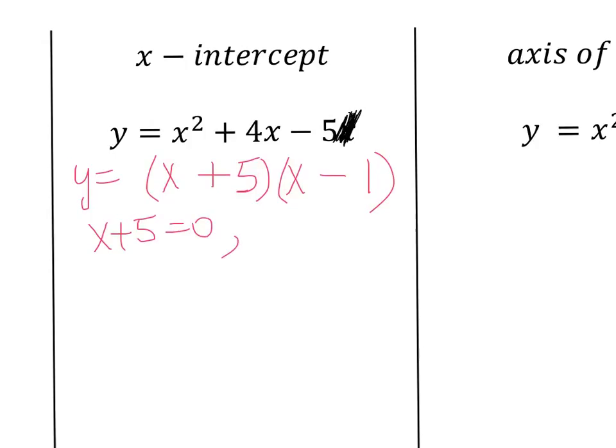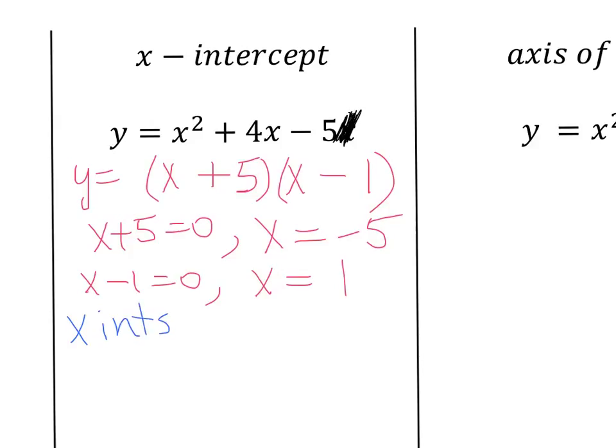So that tells me that x is equal to negative 5. And also I've got my x minus 1 equals 0, and that gives me x is equal to positive 1. So my x-intercepts are minus 5 and 1.